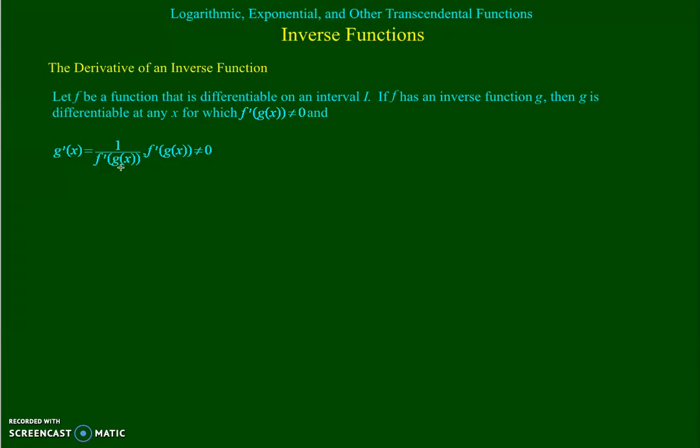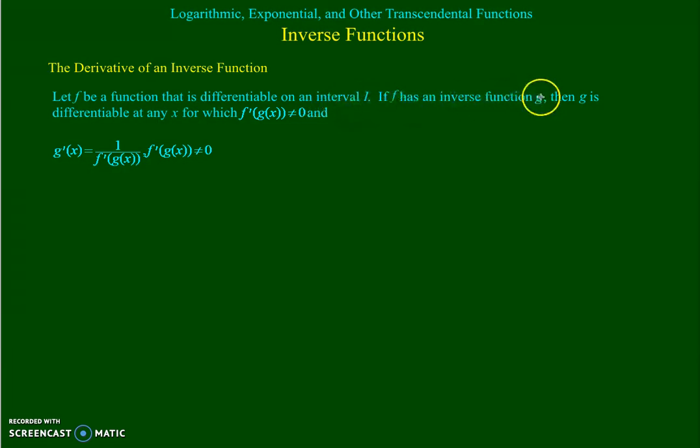Well, the answer is there may be times when you want to know the behavior of an inverse of a function, but you don't have the inverse function. And sometimes it may be symbolically very difficult to find the inverse of a given function. So it'd be nice to have a mechanism where we could determine the behavior of an inverse function without actually having the inverse function to work with. And that's the whole purpose behind this. So let's start by saying that f is a function that's differentiable on some interval I.